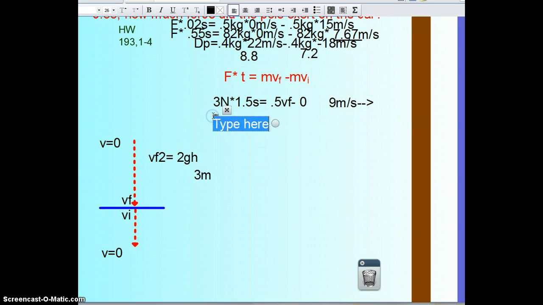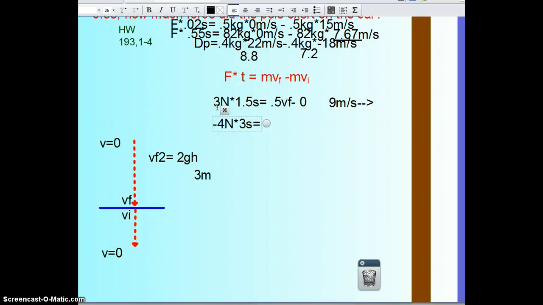Part 2, now we have a force of 4 newtons to the left. This force was to the right, I made it positive. Therefore, I need to make this force negative because it's going the opposite direction. And that is extremely important to the problem. This happens for 3 seconds, times 3 seconds, equals. Now, we want to know the final velocity.